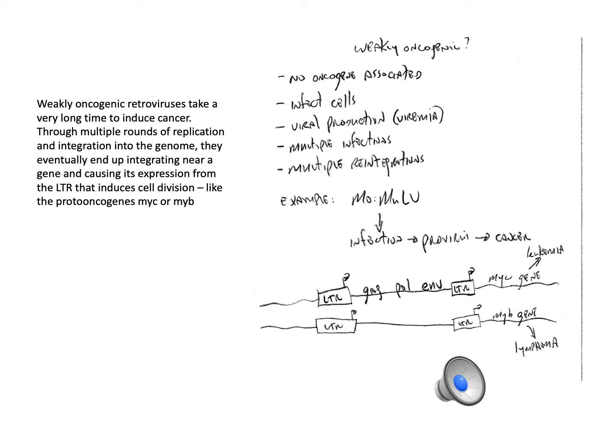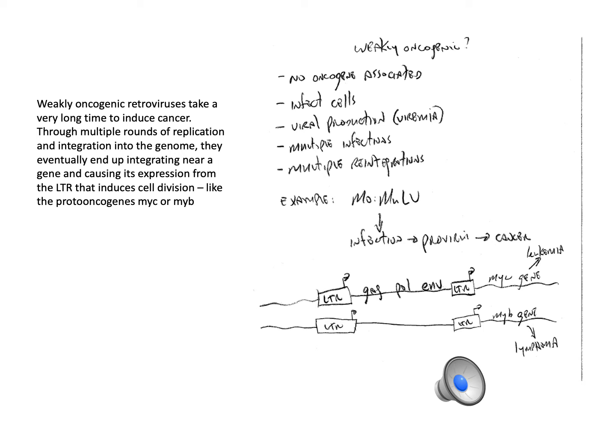So what happened here is that the retrovirus integrated into the cell genome where the MYC gene was, and then the LTR on the right-hand side, which has a promoter, activates transcription of the MYC gene.